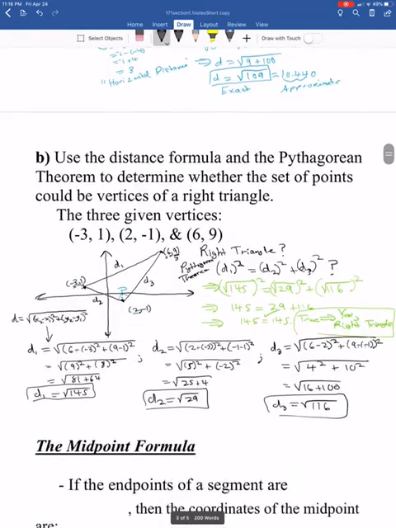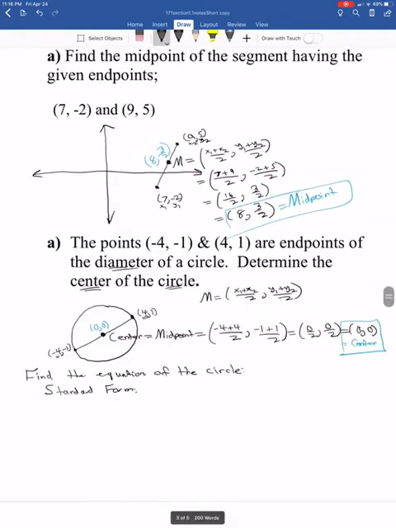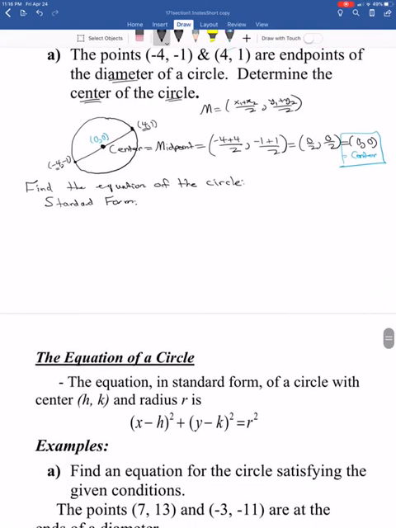If you look down here, you see your standard form: x minus h squared plus y minus k squared equals r squared, where h and k, the constants being subtracted from x and y in these two squared terms, represent the x and y coordinates of the center point. The x squared term will give you the x-coordinate, and the y squared term will give you the y-coordinate. You just need to see the squares of both terms, x and y. If you do, you'll see those two coordinates right in front of you.